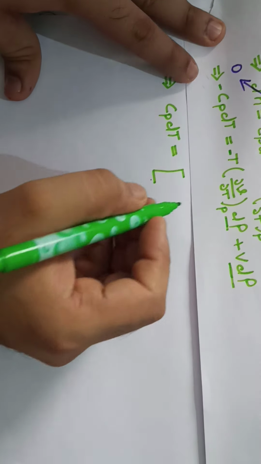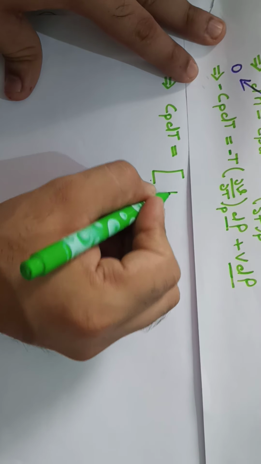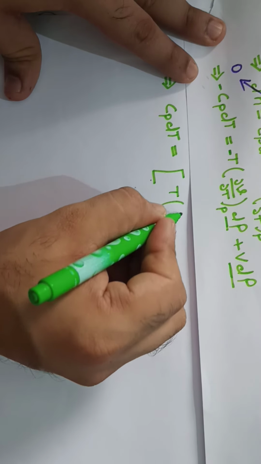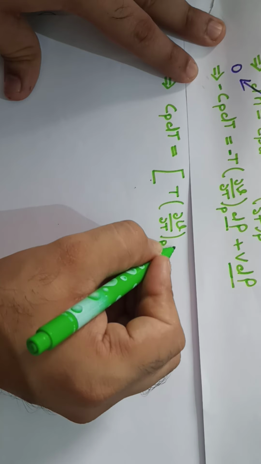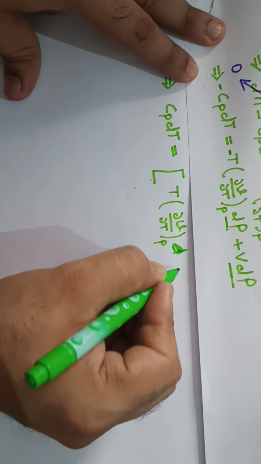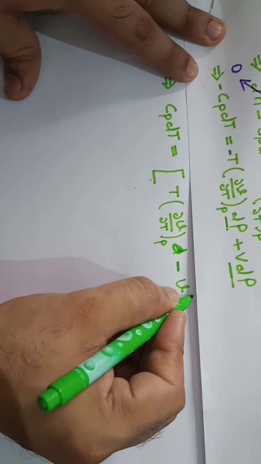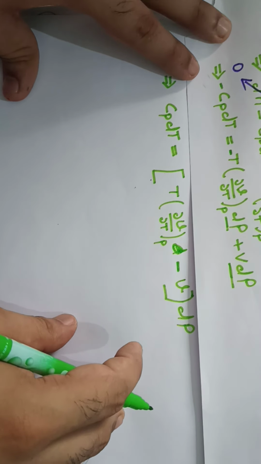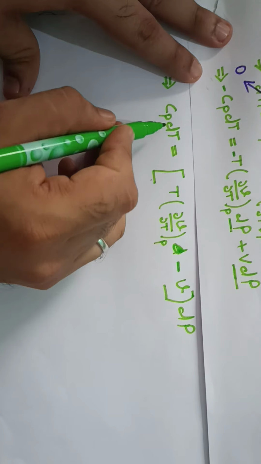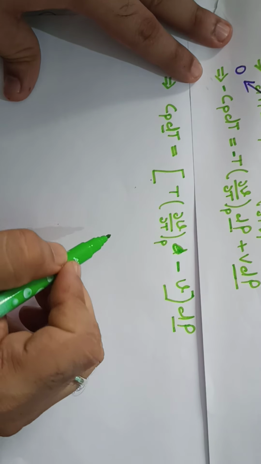What we will obtain is T times (∂V/∂T) at constant pressure, minus V, into dP, and we want to know the change in temperature with respect to the change in pressure.